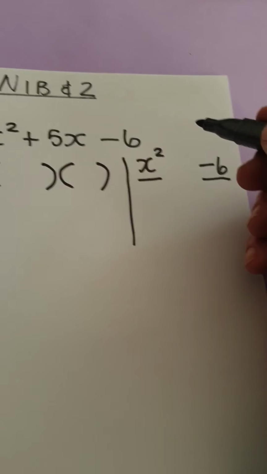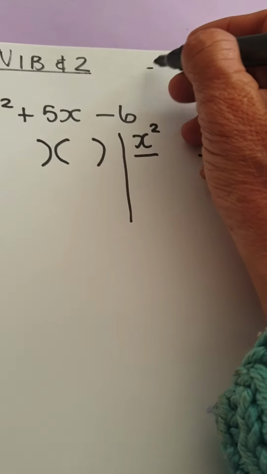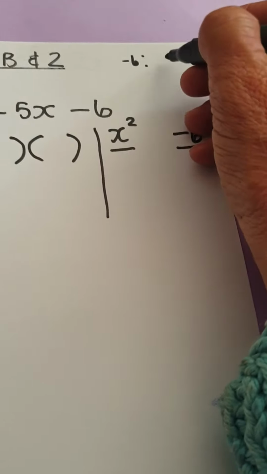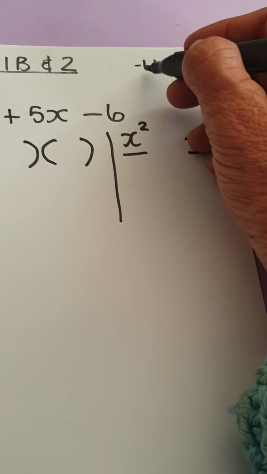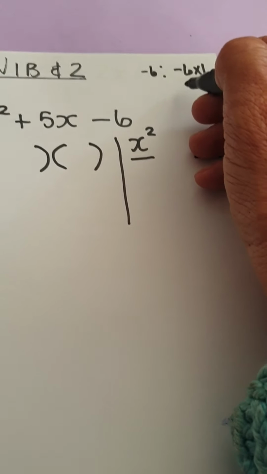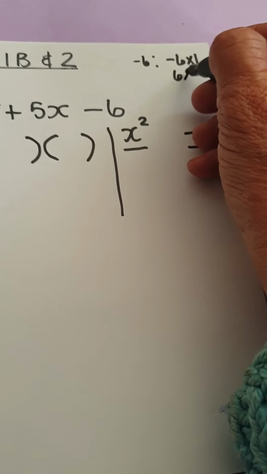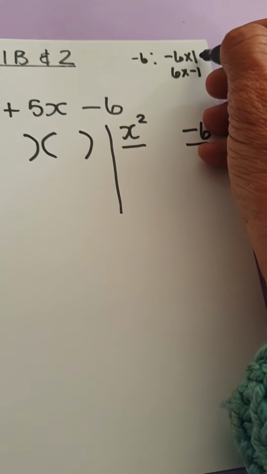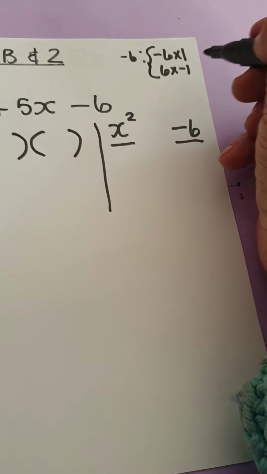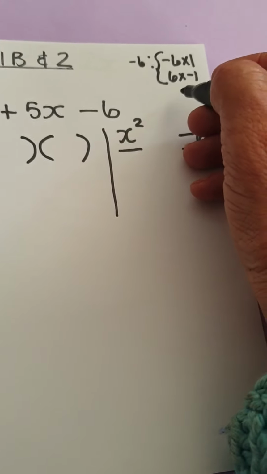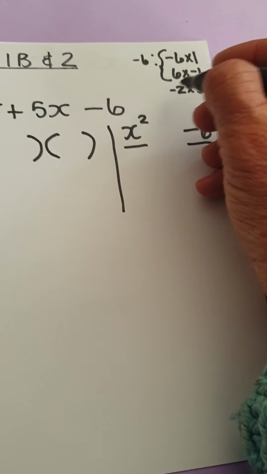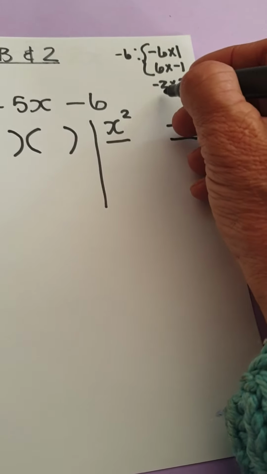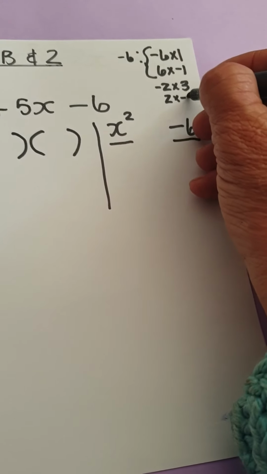Factors of negative 6 are either negative 6 times plus 1, which gives negative 6, or 6 times negative 1, because that will also give negative 6, or negative 2 times plus 3, or 2 times negative 3.